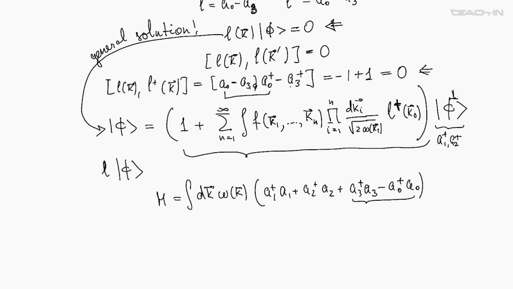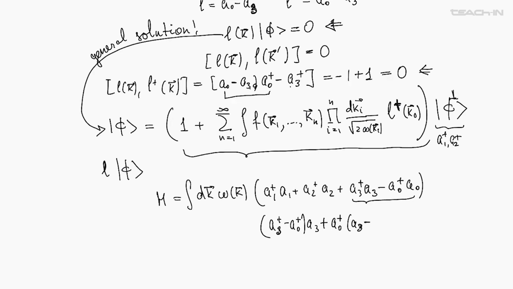If you think a little bit about it, it can be written as A3 dagger minus A0 dagger multiplied with A3 minus A0, plus A0 dagger A3 minus A0 dagger A3 and so on.